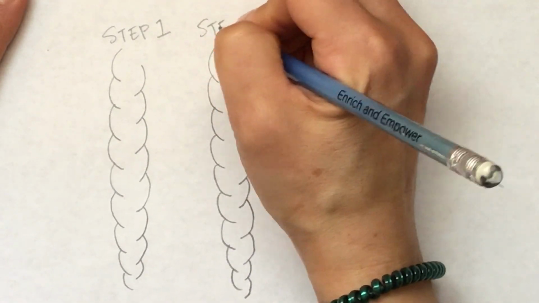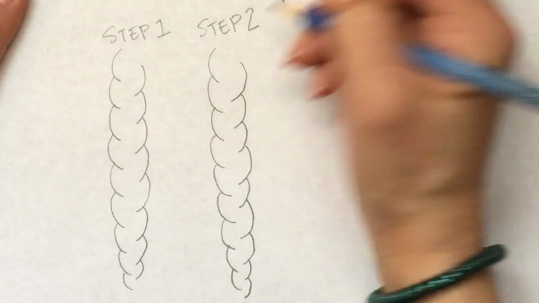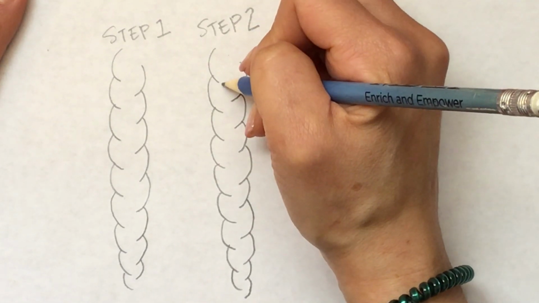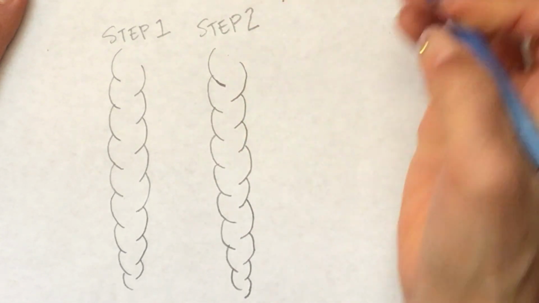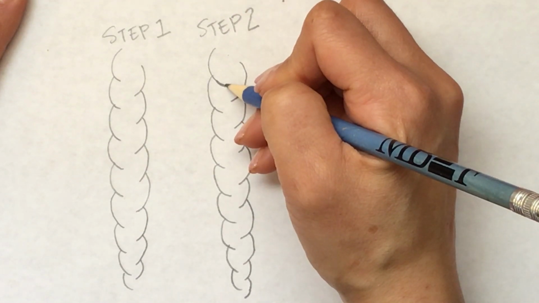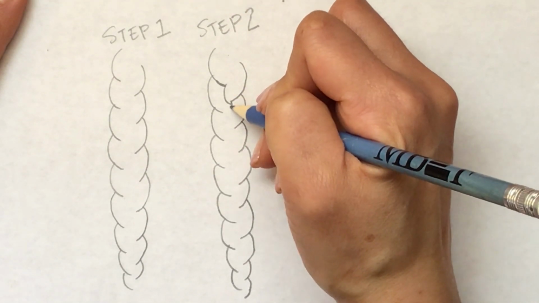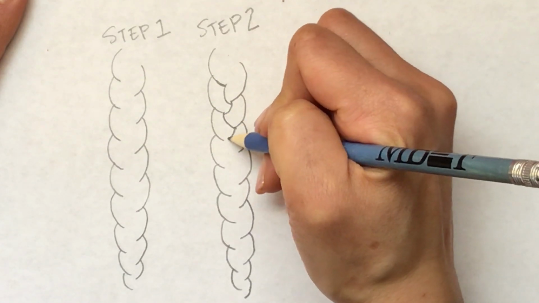This is step two, and to add on to that, we are going to create the curves going in the opposite direction. So now they are going this way.